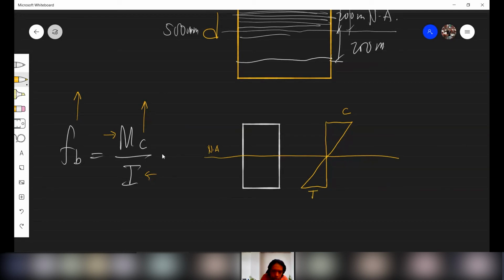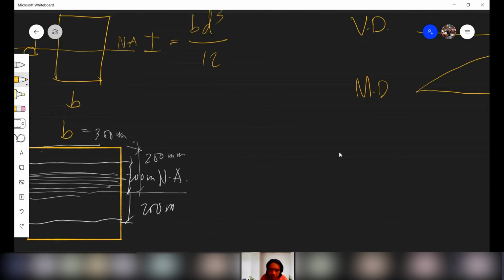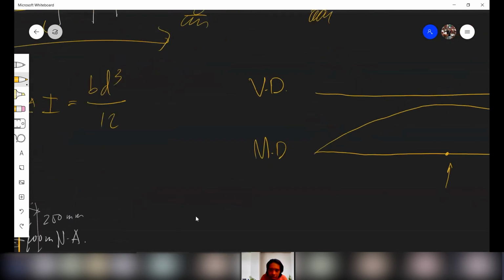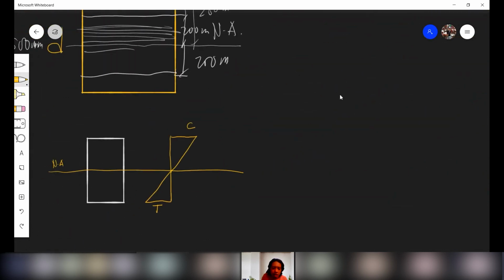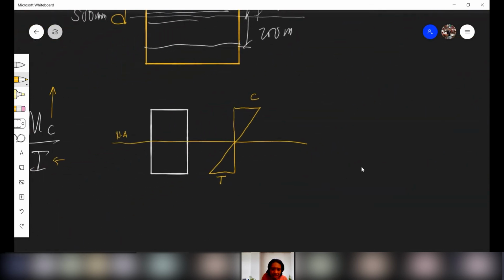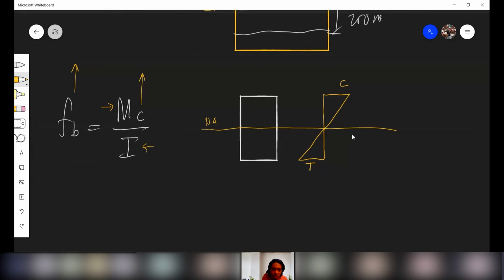Since it is linear, the diagram is a straight line. Compression at the top, tension at the bottom. That is the stress diagram. Earlier in strength of materials you saw the shear diagram and the moment diagram; this is another one, the stress diagram for flexural stress.